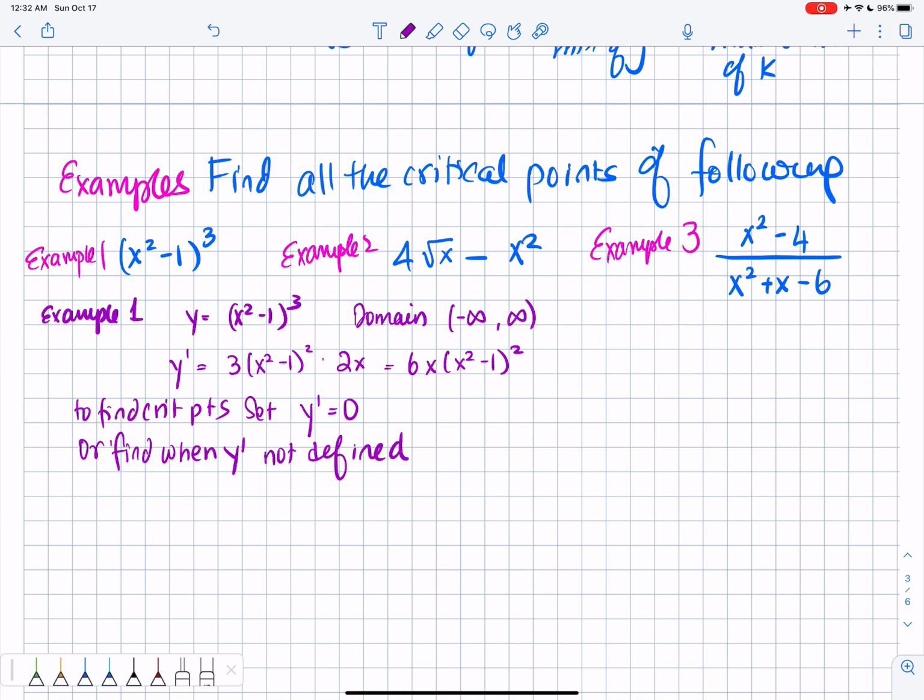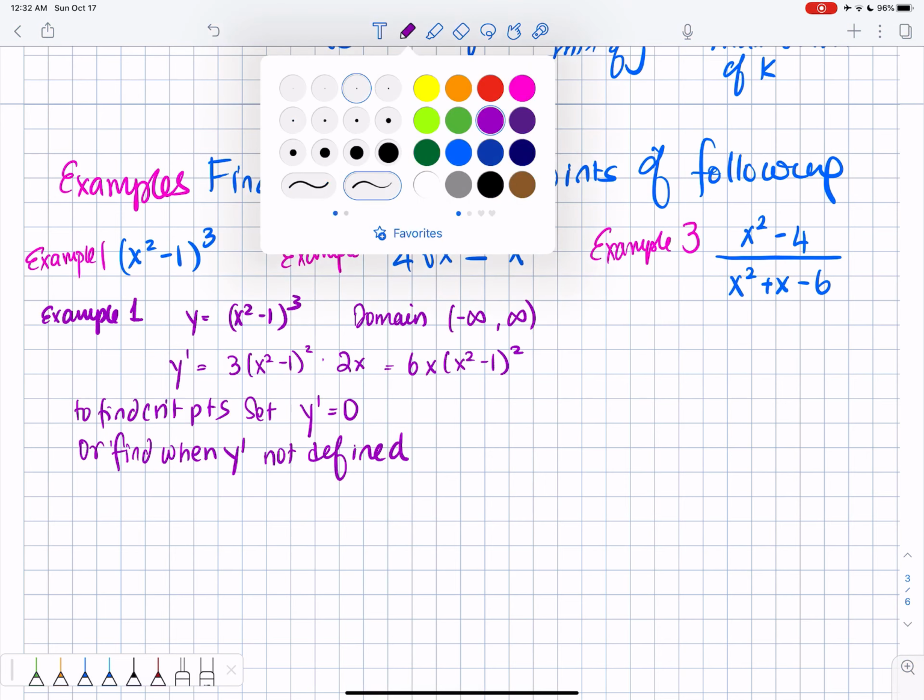Okay, so in this case, of course, y prime is defined because it's 6x times x squared minus 1 squared. For all x's, this is defined. So in this situation, you can say it's defined everywhere.